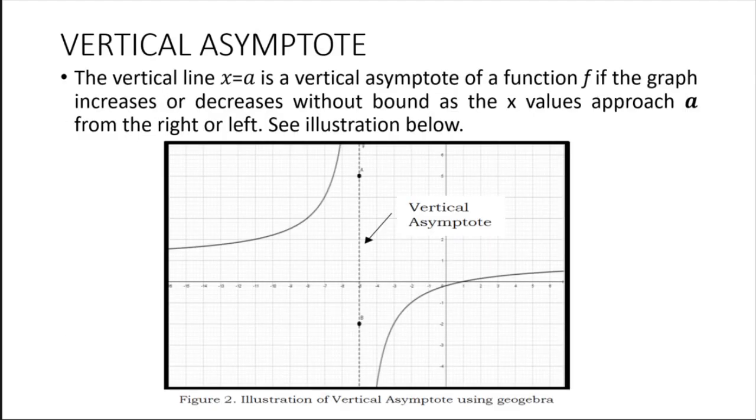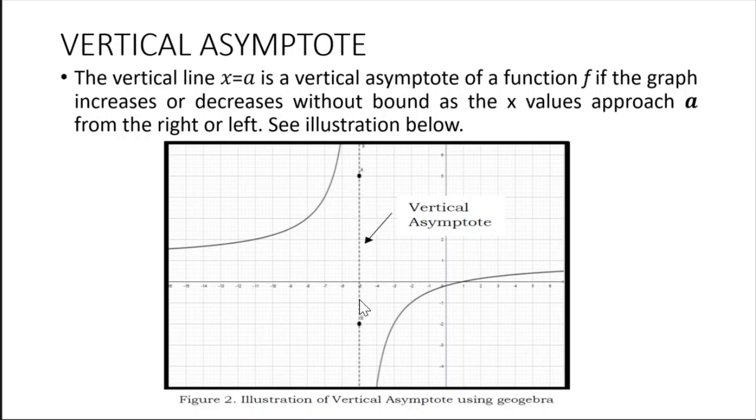The vertical line x is equal to a is a vertical asymptote of a function f if the graph increases or decreases without bound as the x values approach a from the right or left.